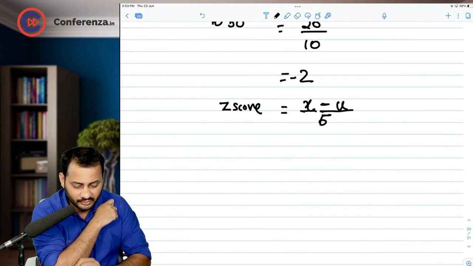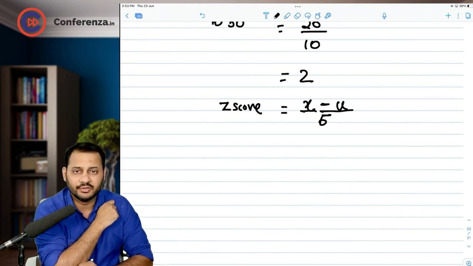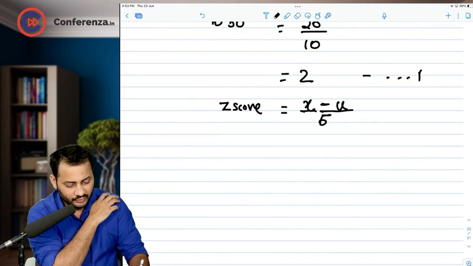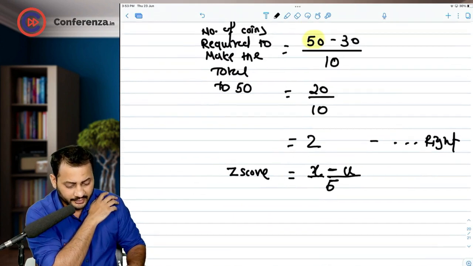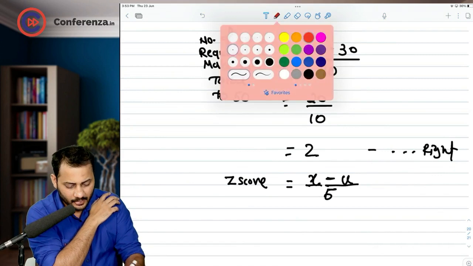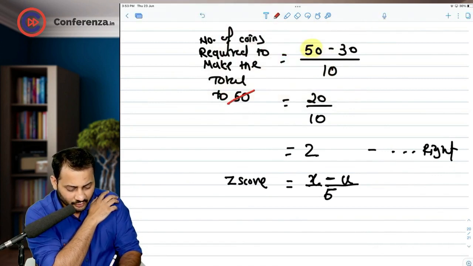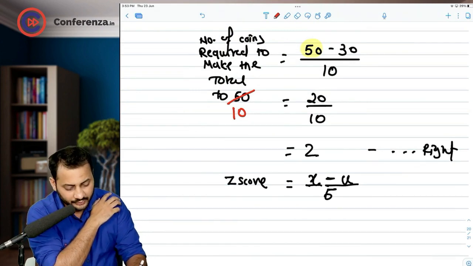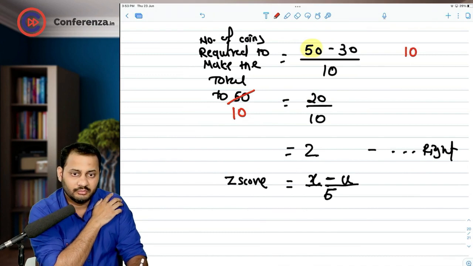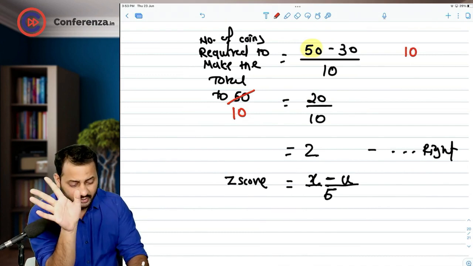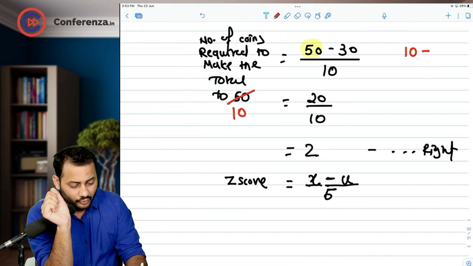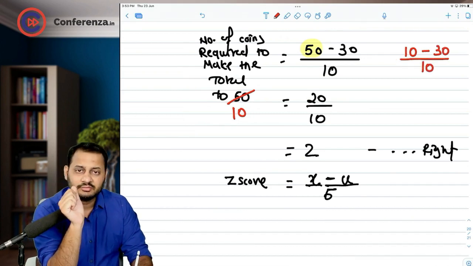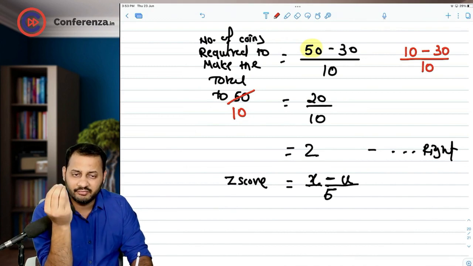If there is no symbol, we will call it positive. So we will say we want to go to the right side. But let me take the same example. Instead of 50, if I want to reach 10 rupees, then what am I going to do? I will just write down 10, the x where I want to be, mu, where I am starting from, and standard deviation, that means the coin, every coin.